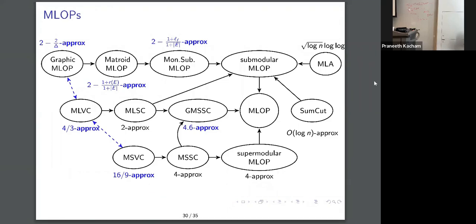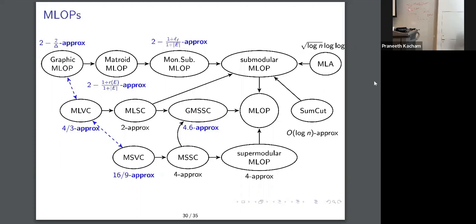So we need to formulate it as an MLOP. So let's think about how we can formulate min latency vertex cover as an MLOP. So it's going to minimize the maximum of the endpoints. That's what we're going to end up with. But what is that function f? We need to formulate it as a minimum over all permutations, summation over all prefixes, of that function over the first i elements.